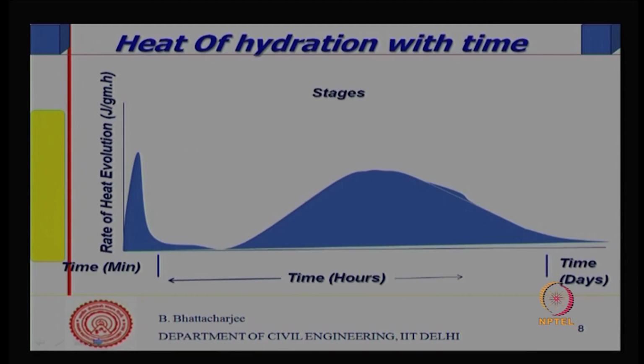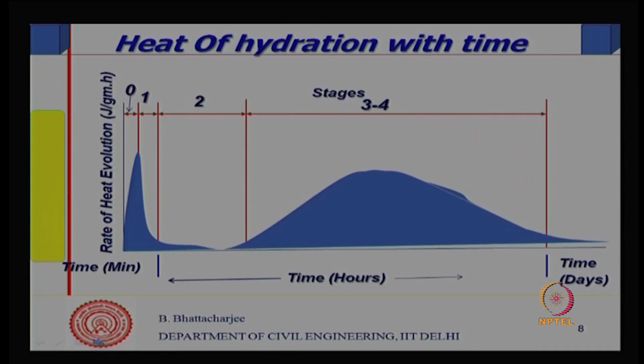So, the stages are stage 0, followed by stage 1, stage 2, 3, 4 and 5. Stage 0 is initial dissolution. At that stage there is quite a bit of heat evolution; the rate of heat evolution is high.